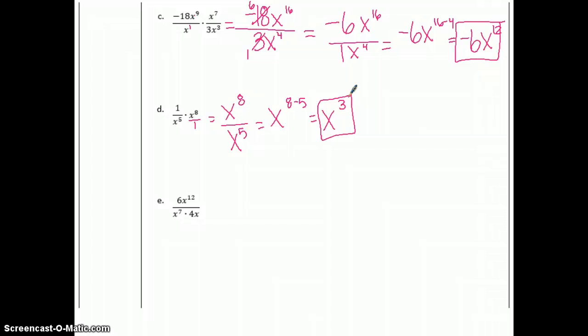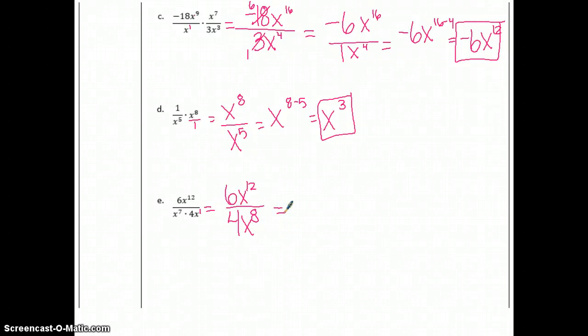Letter E. We're going to take 6x to the 12th divided by x to the 7th times 4x. We're going to go ahead and multiply across. I get 6x to the 12th divided by x to the 7th times 4x will be 4 x to the, careful, x to the 1st, so x to the 7th plus 1 is 8.